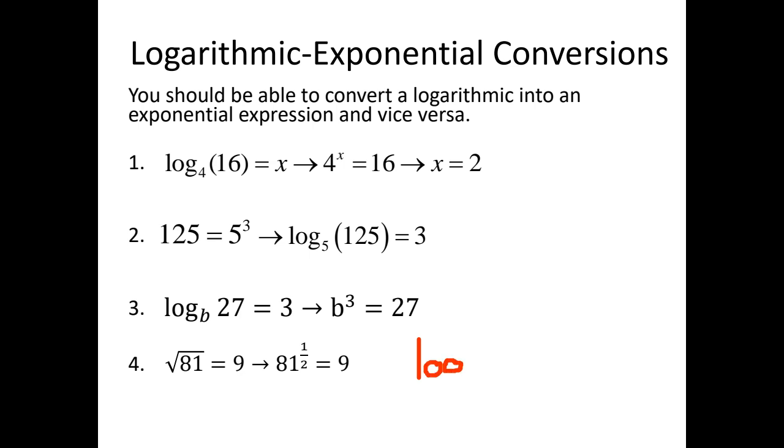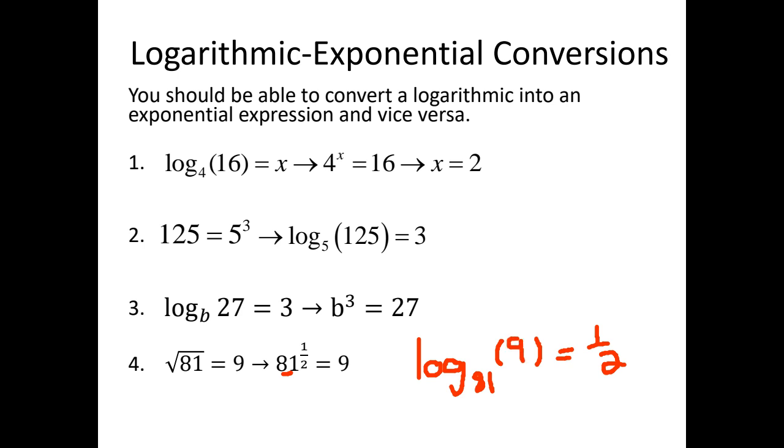My base here is going to be 81, and so we're going to write our base, 81. And then we're going to have some other number here, and this is equal to. The log is always equal to the exponent. In this case, the exponent is a half. So I write my half, and then my other number is 9.